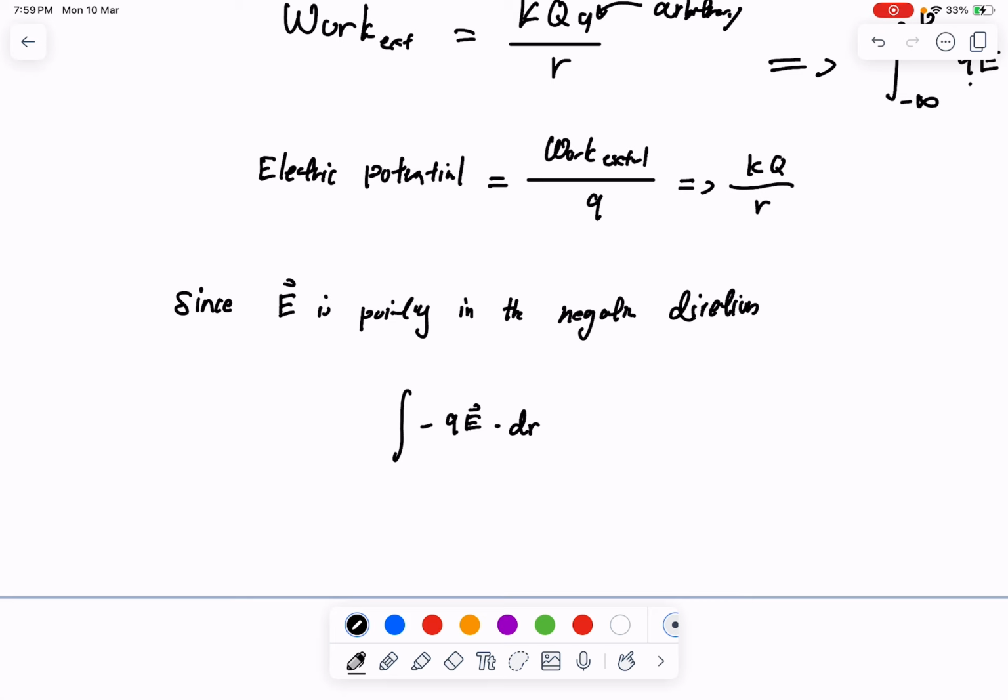This is really very important. It's the work done by the external force, not the work done by the field. So I need to add a negative in front of here. So the work done by E is this integral evaluated from negative infinity to P.